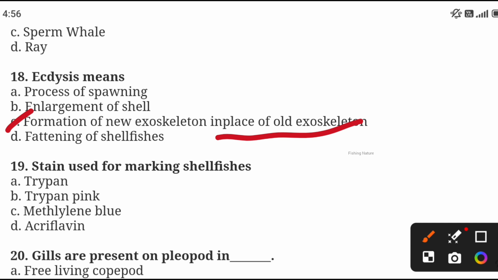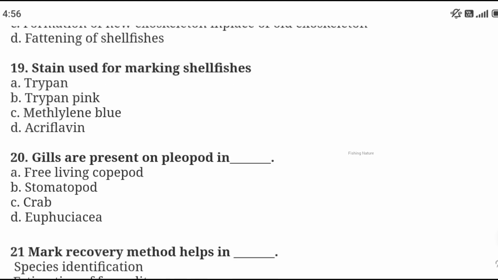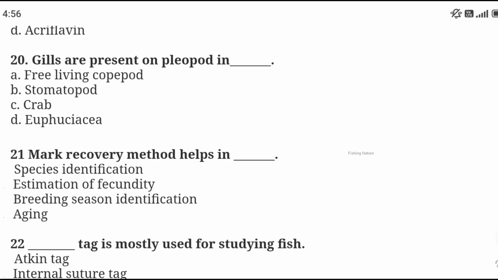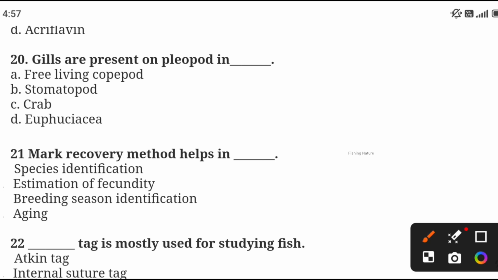Next, the stain used for marking shellfishes. Which type of stain do we use here? We use trypan blue. Next, gills are present on the pleopods in the stomatopods. Next, the mark recovery method helps in species identification, estimation of fecundity, breeding season identification, or aging.